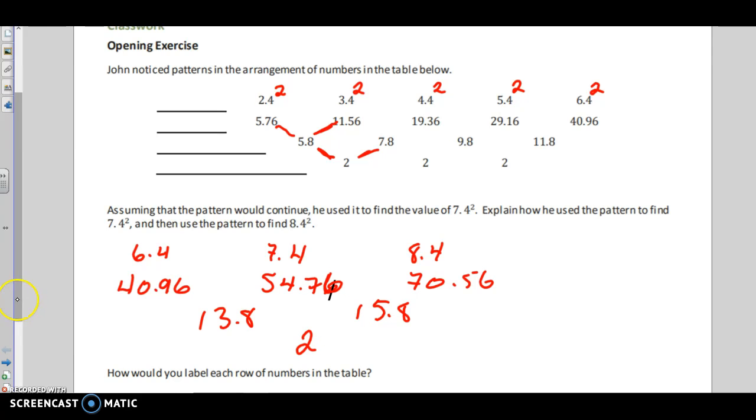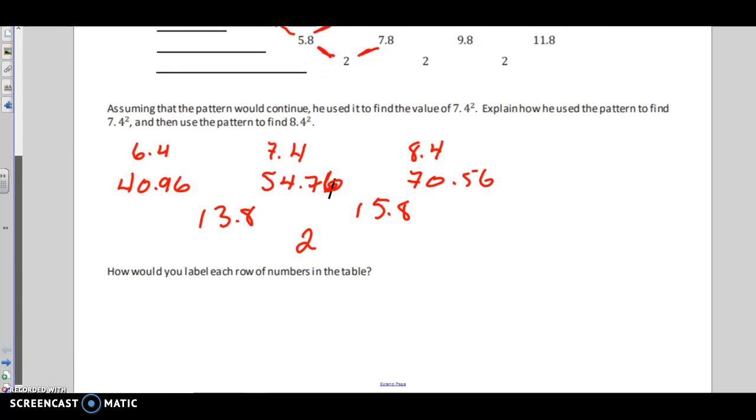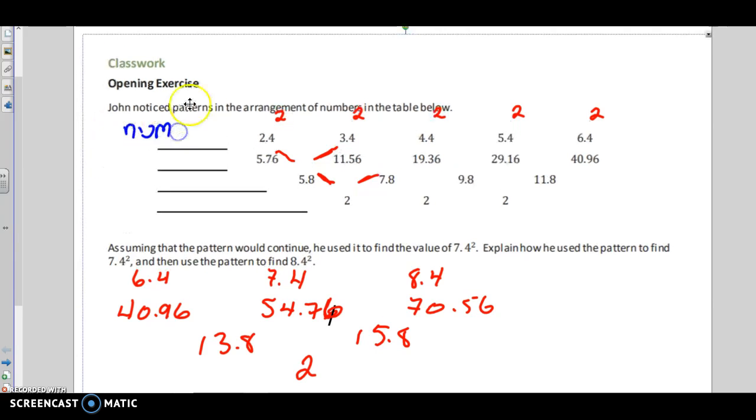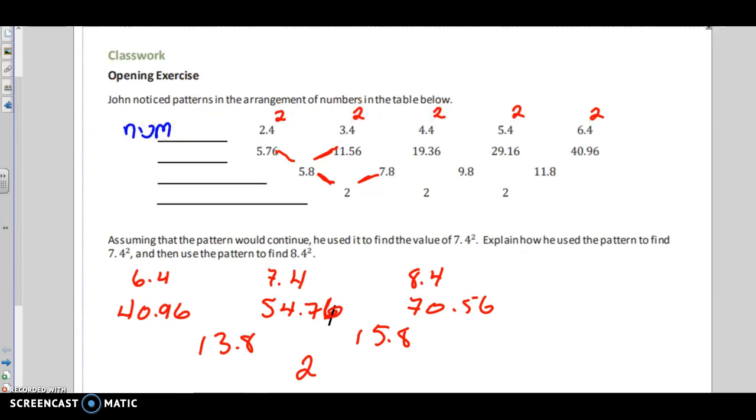So then it asks, how would I label each row of numbers in the table? I'm starting off with my original number. And then I'm taking that number and I'm squaring it.